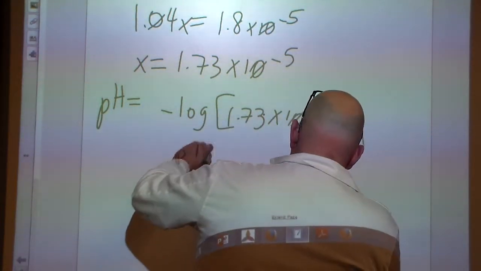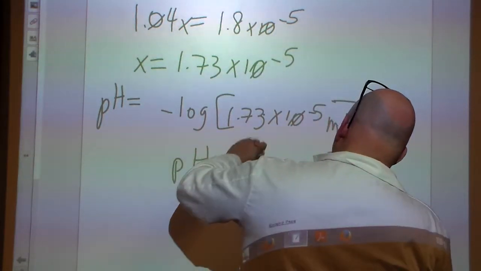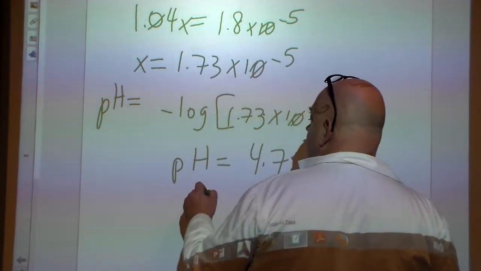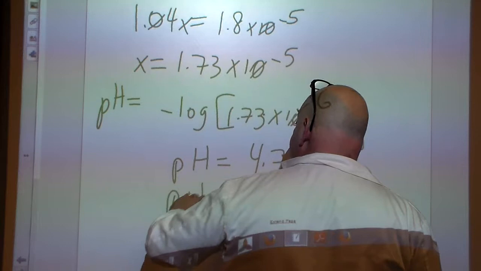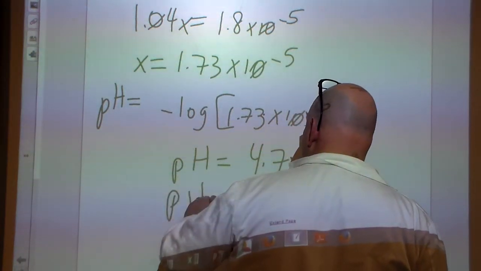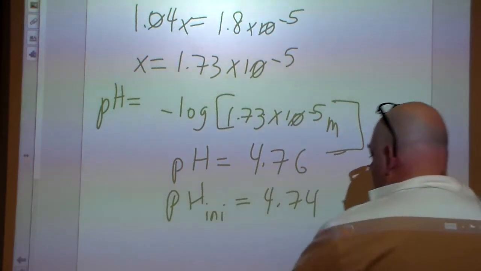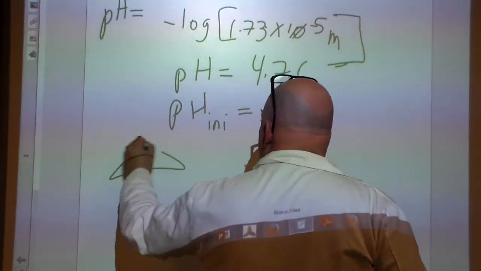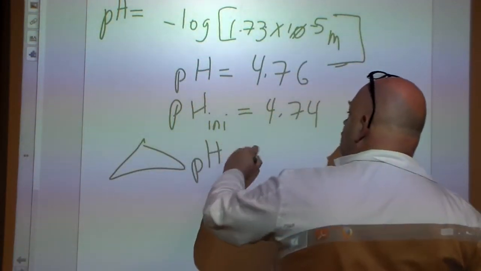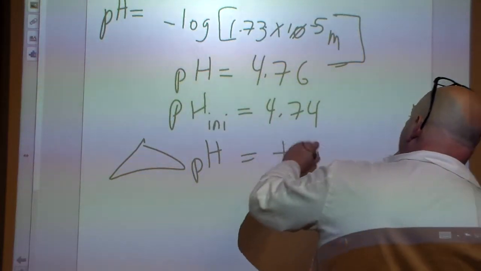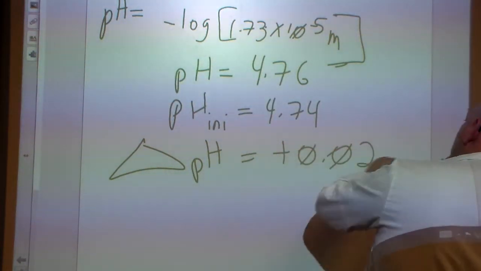Our pH is equal to 4.76. Our original pH from problem 1 was equal to 4.74. So our delta pH, or change in pH, is equal to positive 0.02.